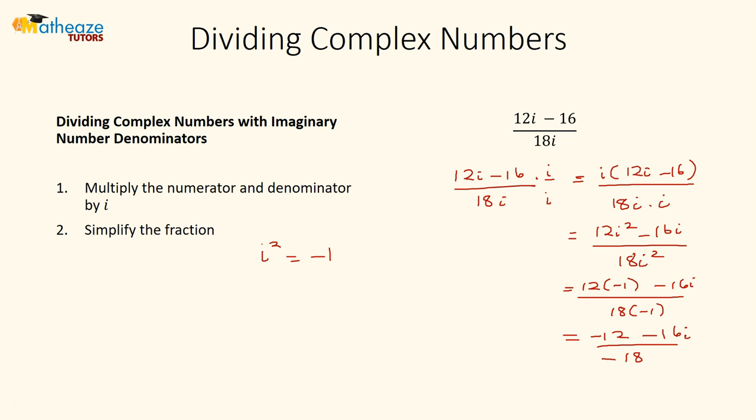So we can factor out the negative. So let's look at this. Negative of 12 plus 16i over -18.